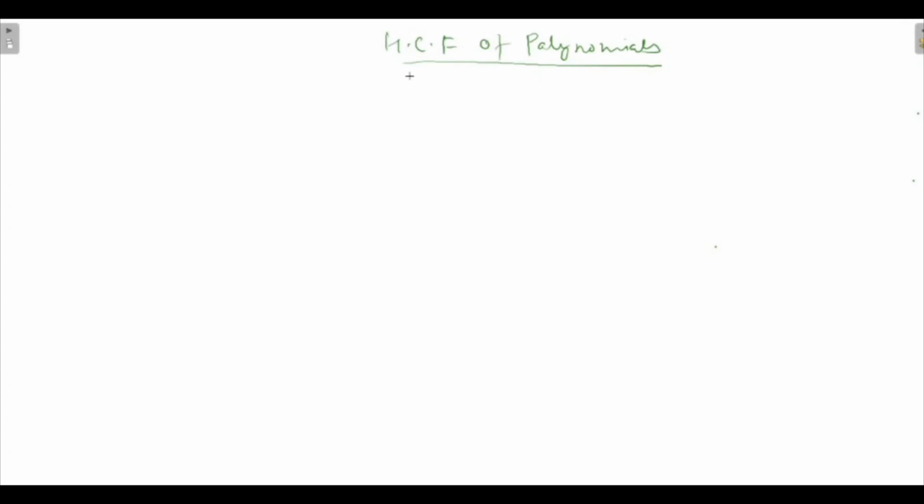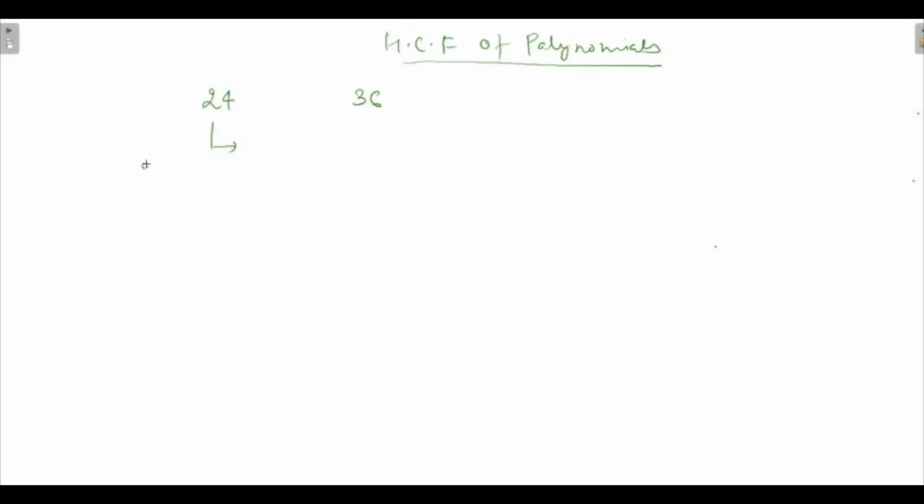HCF is called highest common factor. Say you have a number 24 and another number 36, and I need to know the HCF of these two numbers. So how do we go about this? We try to factorize it into prime factors.